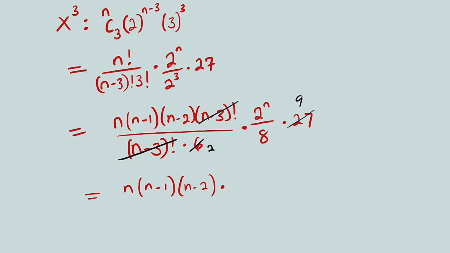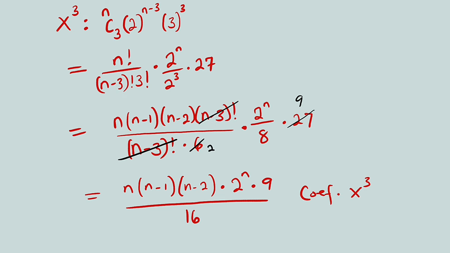We also multiply by 2 to the power of n multiplied by 9, divided by 2 multiplied by 8, which is 16. So we have 16 here. I think we can stop here. This is the coefficient of x to the power of 3.